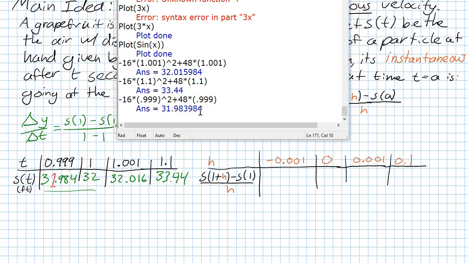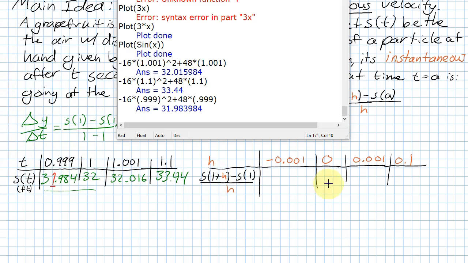So now let's look at how to evaluate this fraction, this average velocity between t equals 1 plus h and t equals 1. The first thing is that if h is 0, s of 1 plus 0 minus s of 1 divided by 0 gives you 0 over 0, and it's undefined, so nothing goes there.